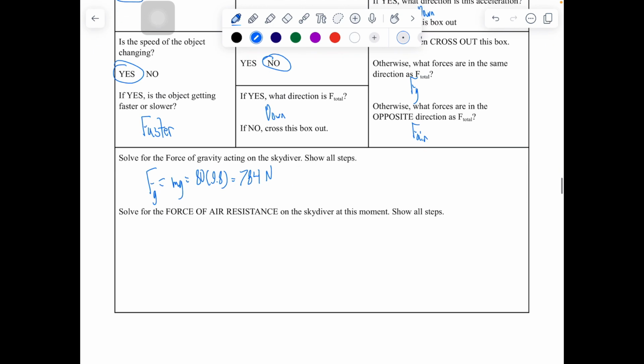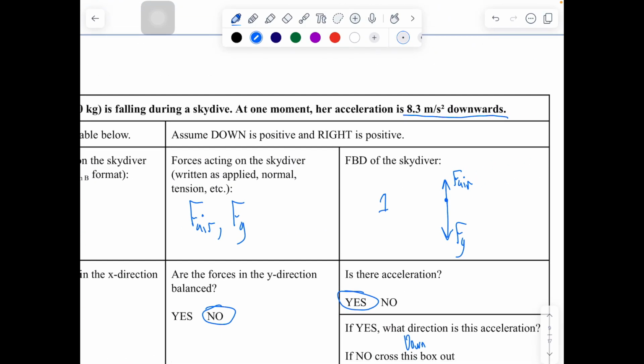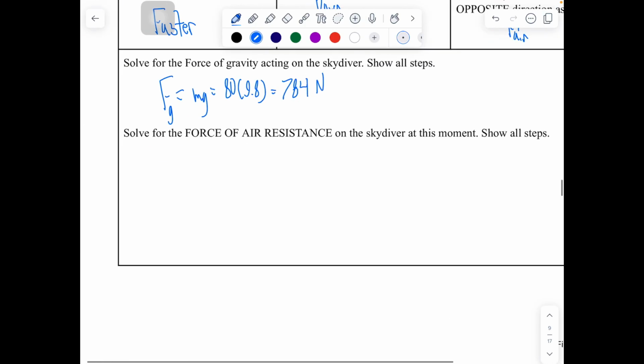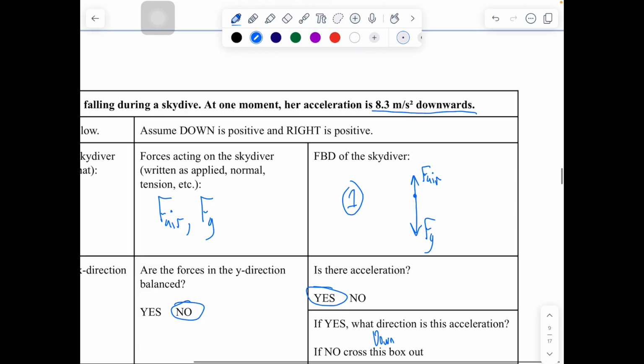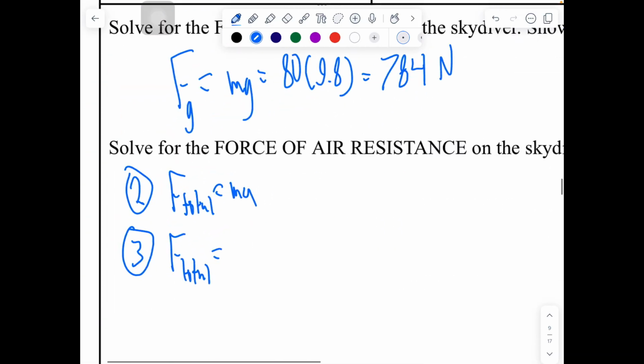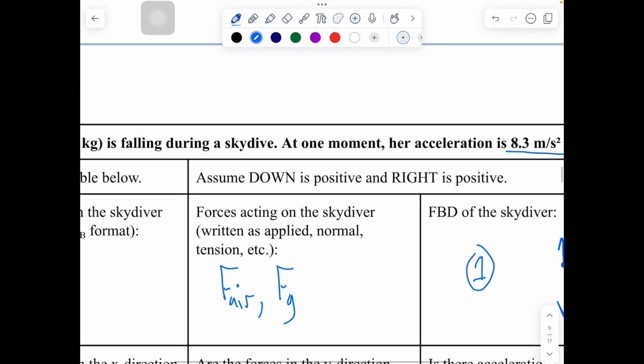Force of air resistance. Okay, just like before. Start out with our free body diagram. We'll write our two equations. Total force is mass times acceleration. Newton's second law. And total force is your positive forces, and you subtract your negative forces. Let's double check, make sure we're saying down is positive.